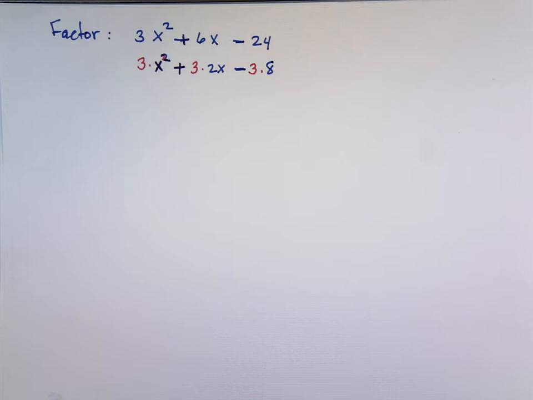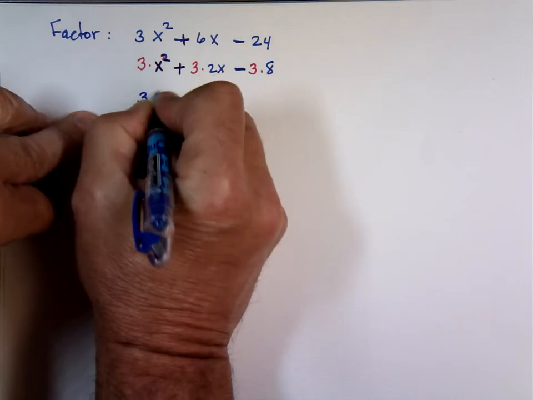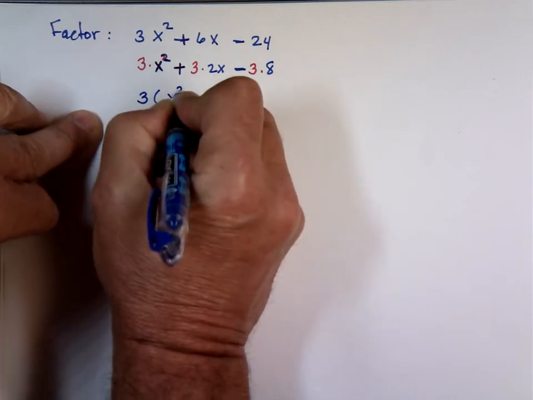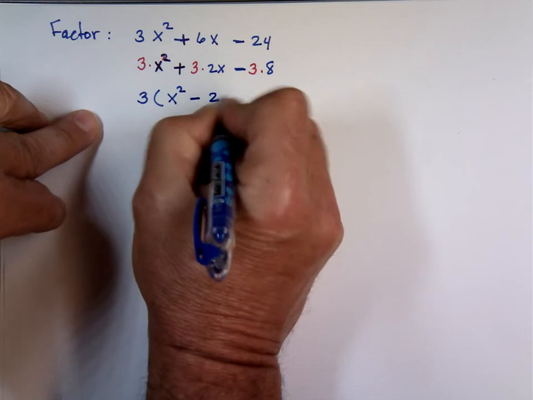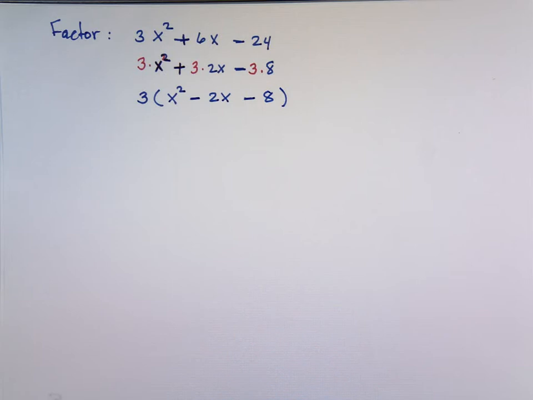So if I factor the 3 out, what's left? x squared minus 2x minus the 8. Now, don't get excited, we are not done. Now I can factor this.